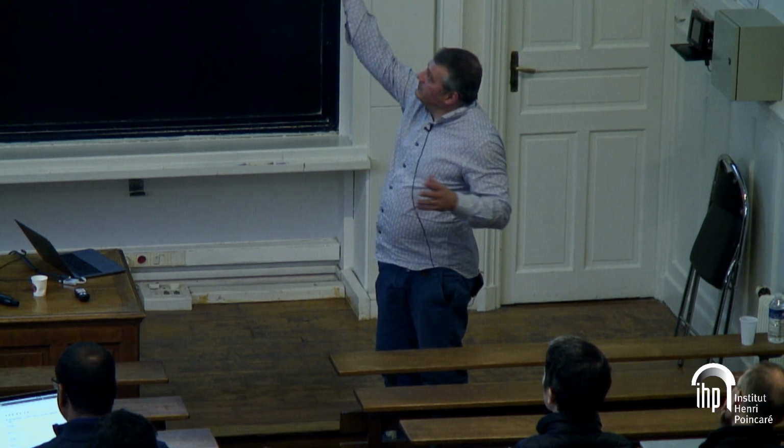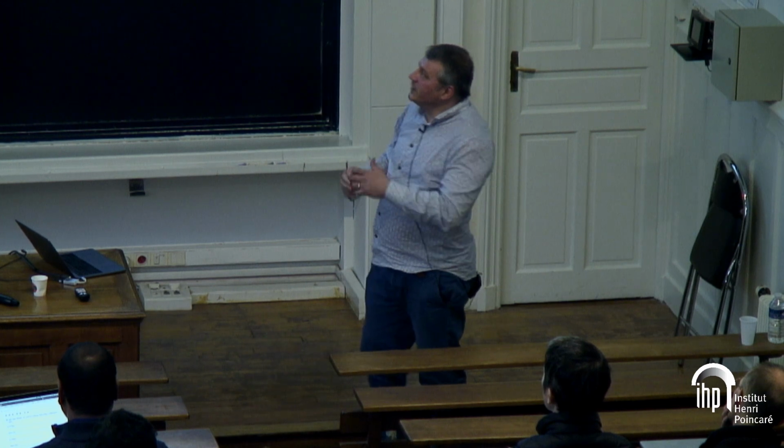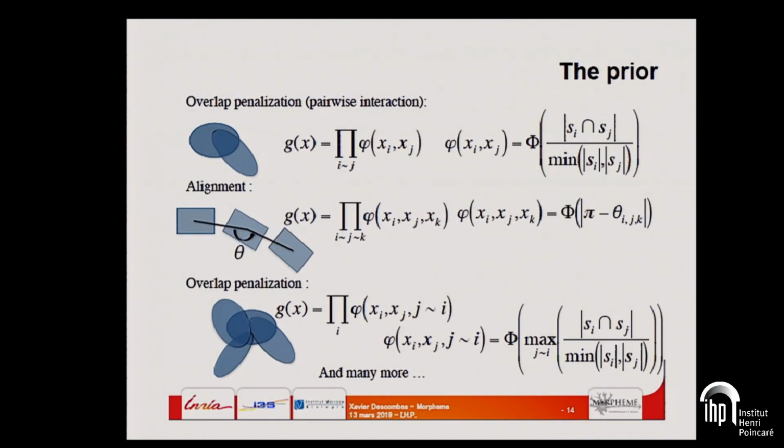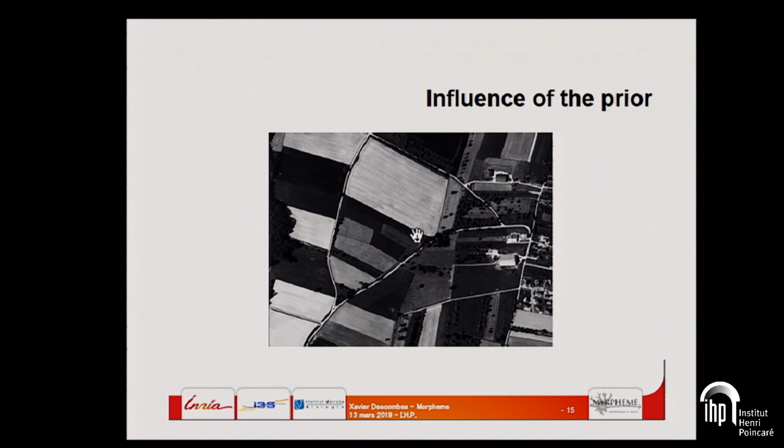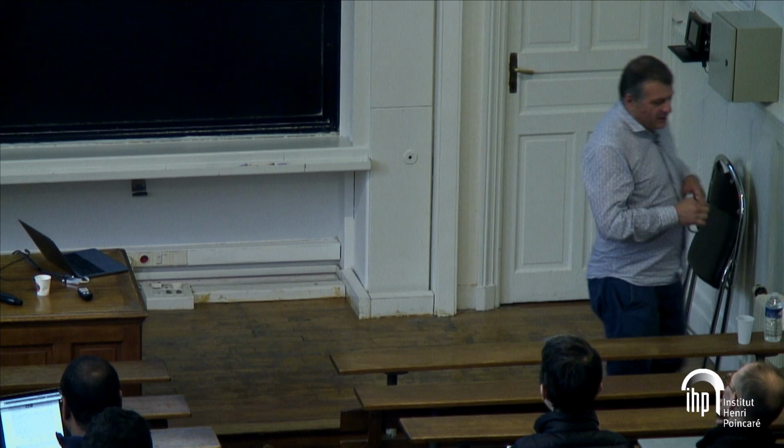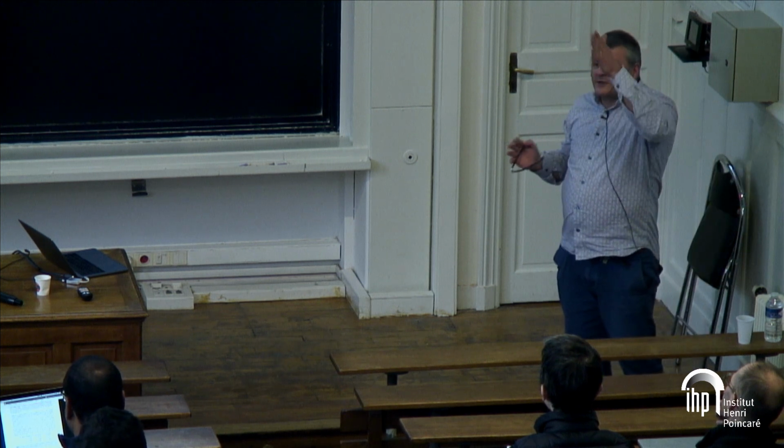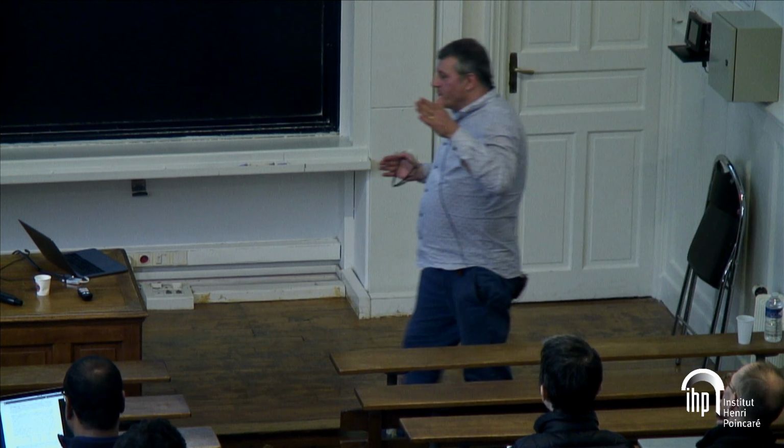Okay, so it's easy to define overlapping, it's easy to define alignment or to favor some orientation and so on. But be careful. For instance, in this case I want to detect the road network. So we took some segments, and we said in the prior that we would like the segments to be connected to each other.